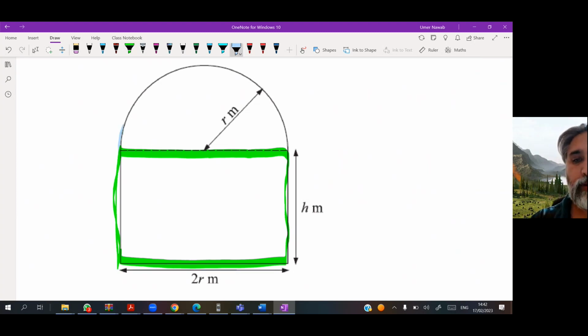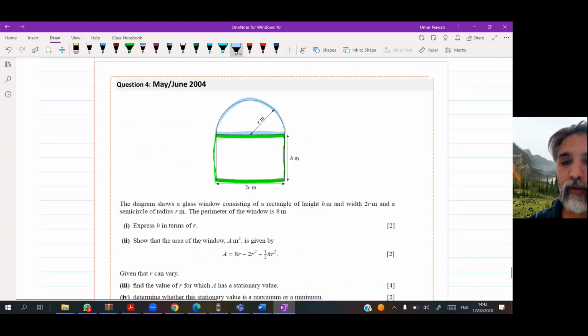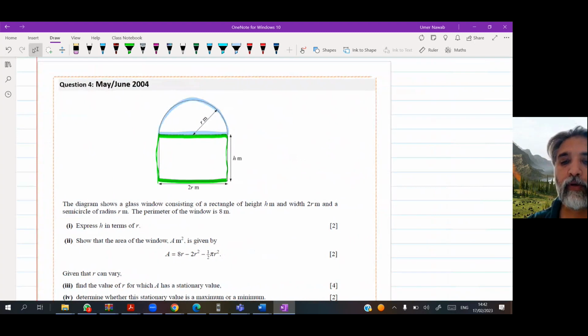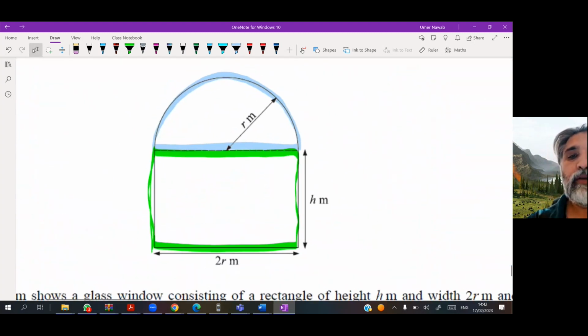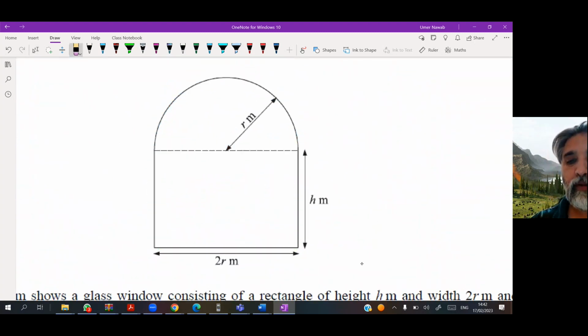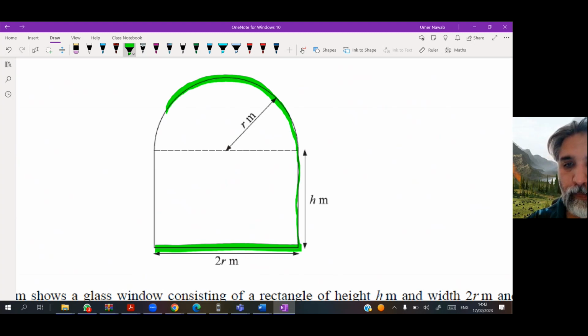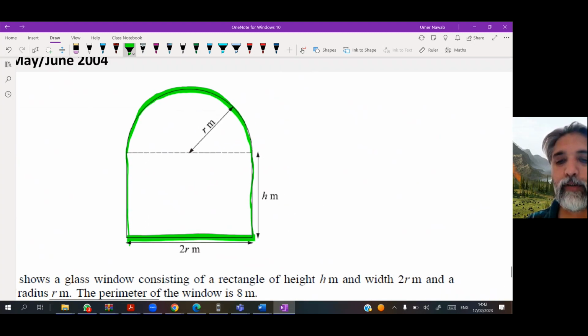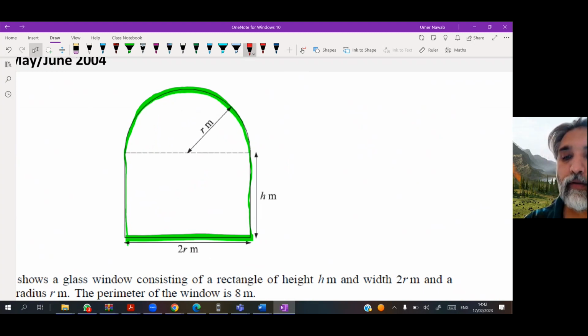And there is a semicircle. So what are the things included in it? He says the perimeter of the window. If I'm talking about the perimeter of the window, I need to move all the way around this window.